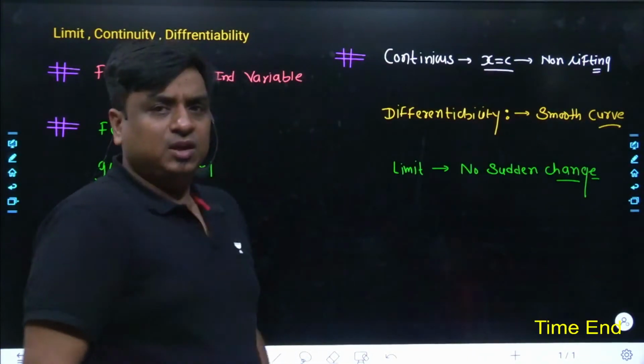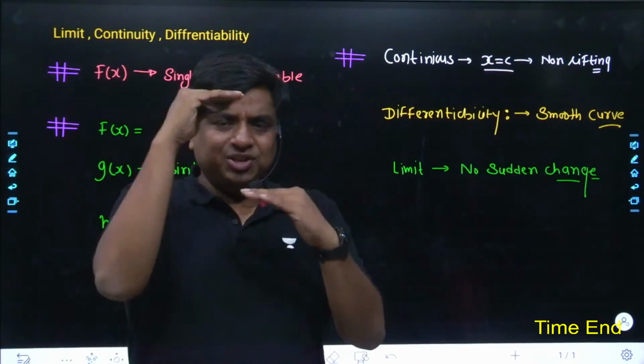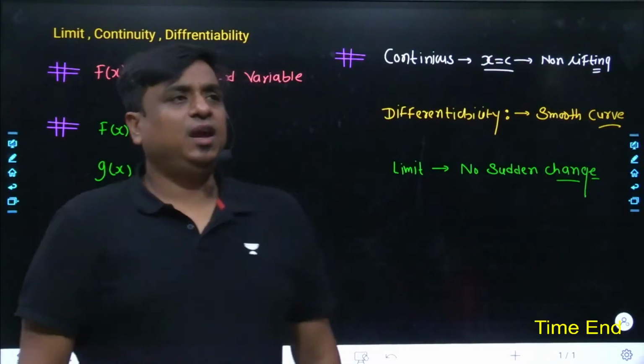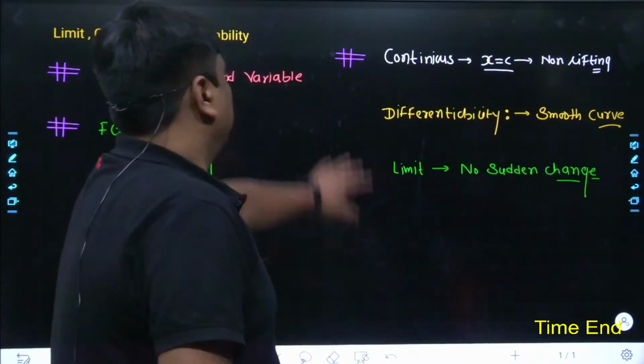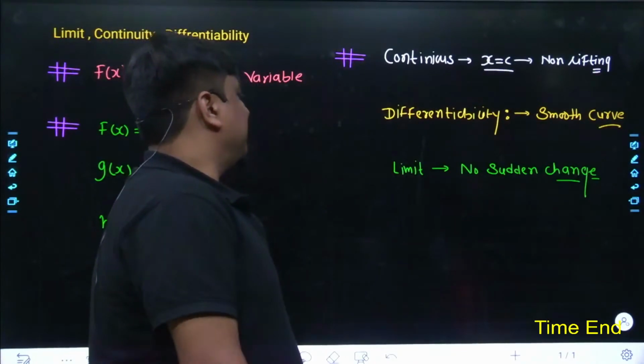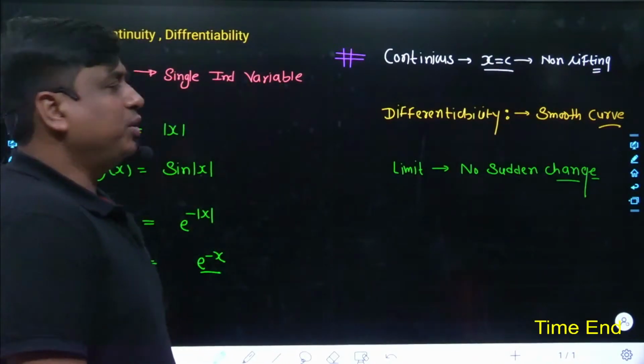And has there been a sudden jerk or sudden change at the point of interest? If not, be happy. It is continuous, it is differentiable, and the limit does exist at the point of interest.